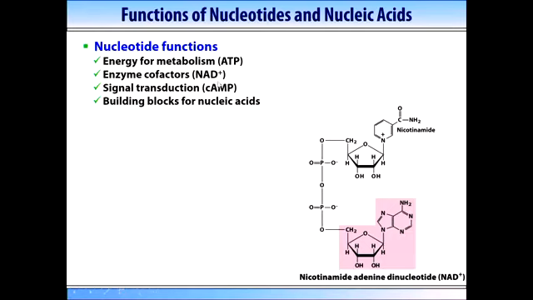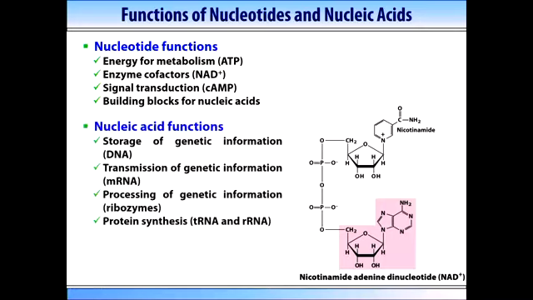You all heard about ATP, which is a universal energy currency that is used by all living organisms with only very, very few exceptions. They can serve as enzyme cofactors, and they also participate in signal transduction almost like hormones. But of course, the main functions of the nucleotides are energy metabolism and serving as building blocks for nucleic acids.